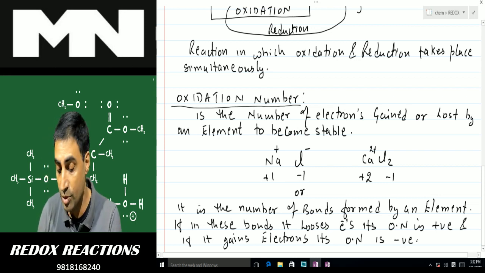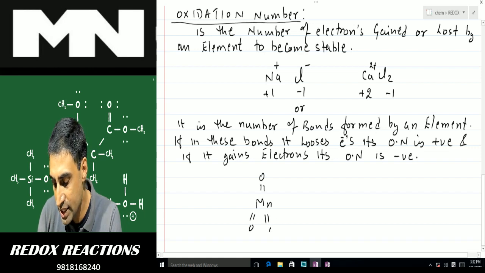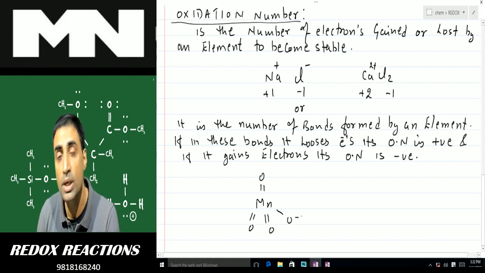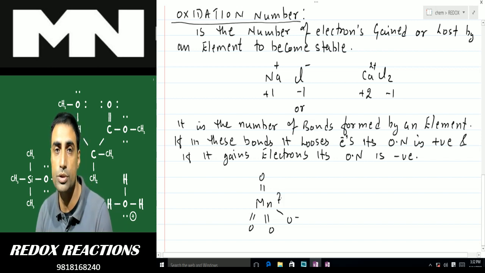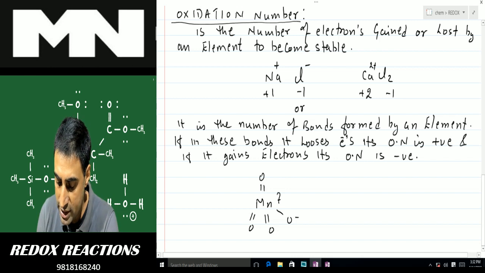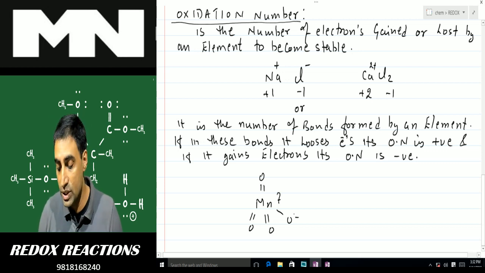I'll give you one example for that. Suppose I have permanganate ion, MnO4 single negative. Here you will see that manganese is forming 7 bonds with oxygen: 2 bonds with 1 oxygen, 2 bonds each with 3 oxygen atoms, and 1 with O negative.